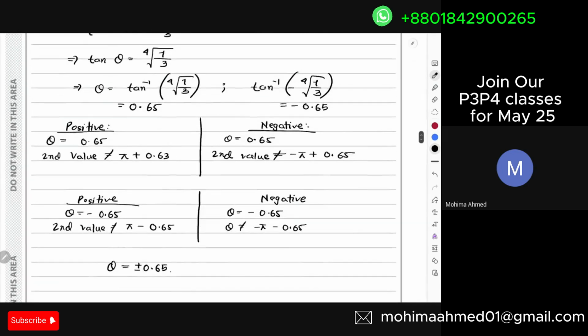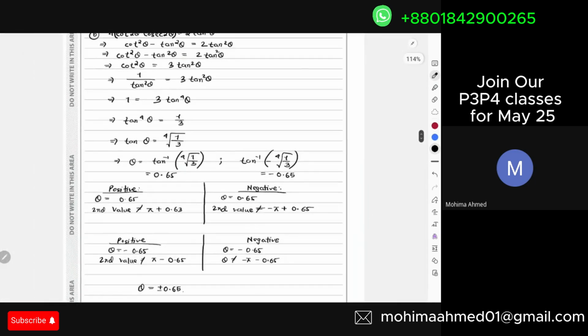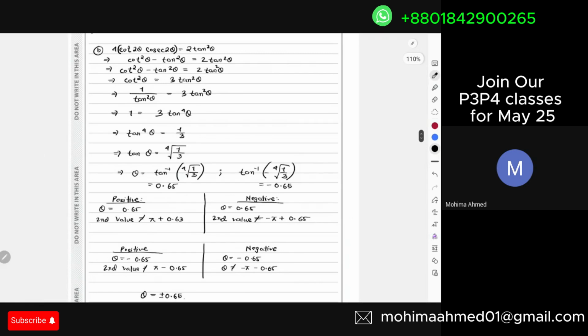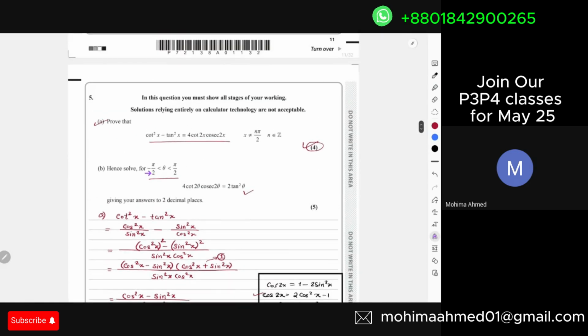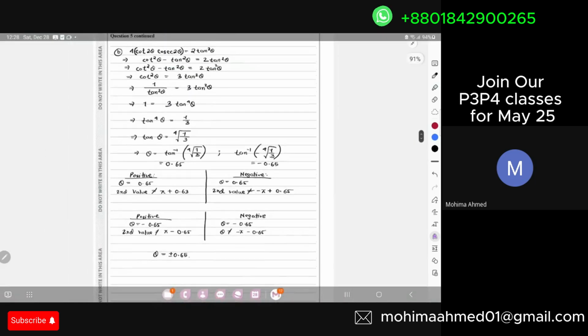Because these are the only solutions. Other than this, we're not accepting any other solutions here. Even if in this maths I didn't get any solution, in some other maths I might get some other solutions. So we have to always calculate the second value and third value in the positive and second and the negative range. We're accepting the negative range here because it was stated in the question from negative 90 to positive 90. That's why we have to accept the negative range separately again.